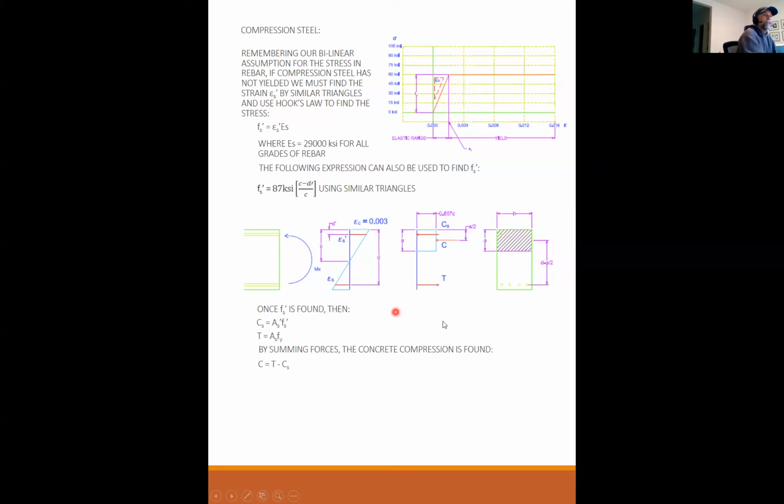Again, if you look at this diagram here, summing our forces in the x direction, T has to equal C plus Cs. So rearranging this, I have C is equal to T minus Cs. So by mechanics, my compressive force is 0.85 f'c b times a. Therefore, a, little a, is equal to T minus Cs over 0.85 f'c b.